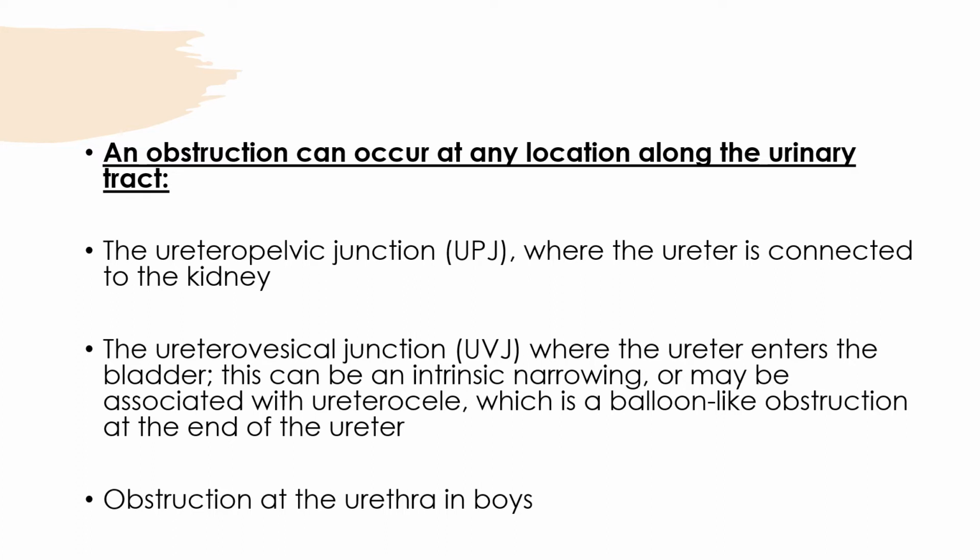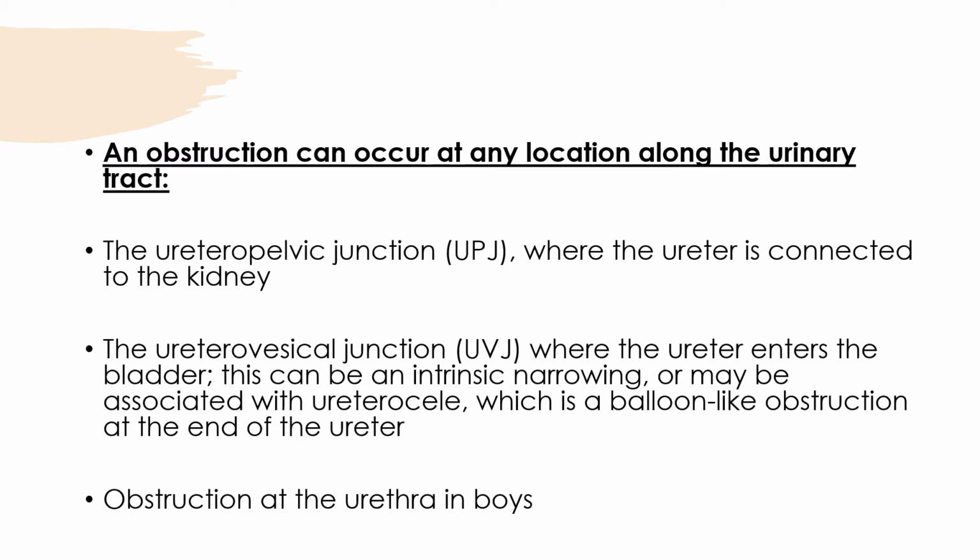There's also something that is called a ureterocele. That is a balloon-like obstruction at the end of the ureter that goes into the bladder. Okay, and that is actually more of an anatomical issue. Then there's the congenital ureteropelvic junction obstruction.